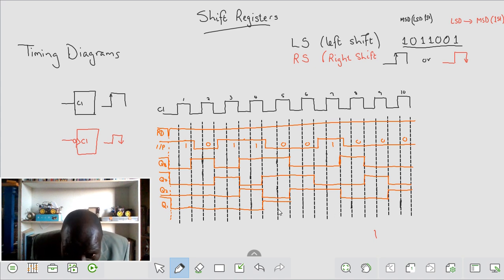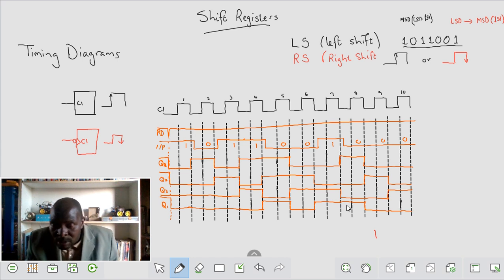Now that one was fed across, that 0 is fed across, the 2 1s are fed in succession, the 0, another 0, and we probably would have needed this one there.